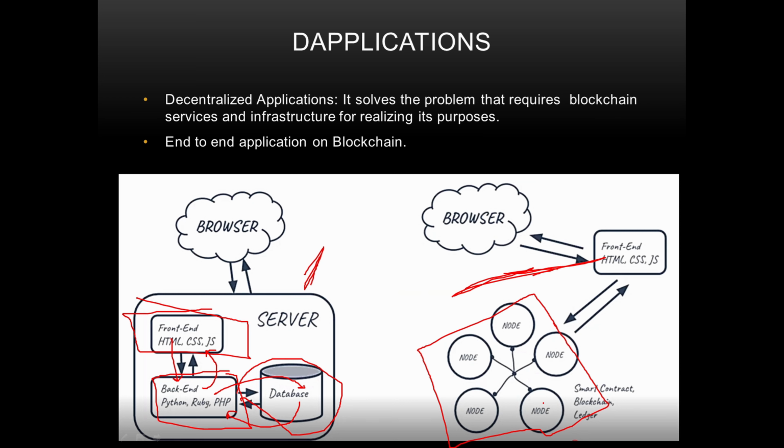In every node there is this smart contract running on their Ethereum virtual machines. So every node has this contract running, so any node can talk to the front end and directly give out the data to the front end, and then from the front end it can be given to the browser and to the user.